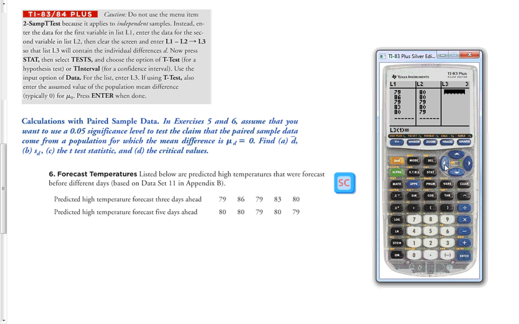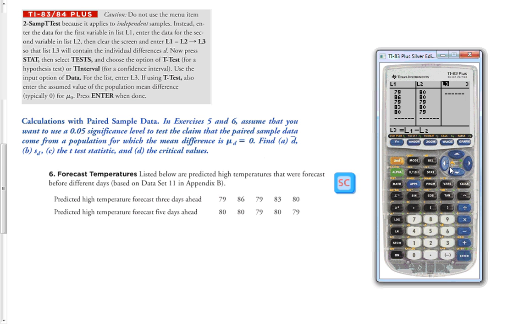So I'm going to take those lists and go over to list 3, highlight L3, and it's going to ask me what I want to put in L3. Well, in L3, I want to take list 1 and subtract list 2, like it says to do here in the directions. So I'm going to type second, L1, then subtract second, L2.